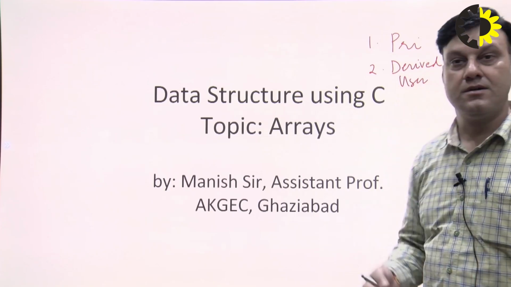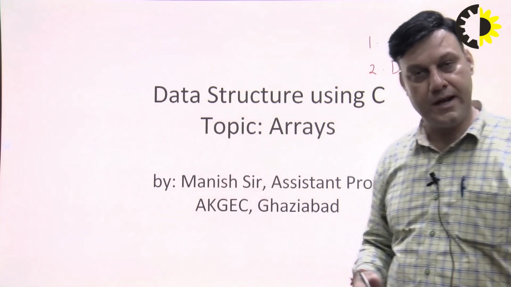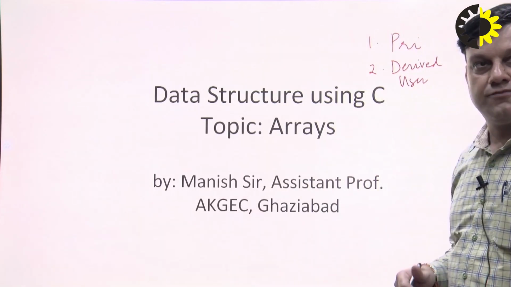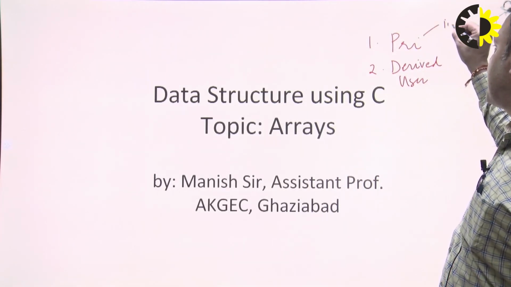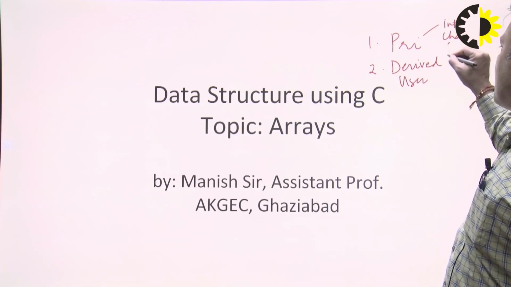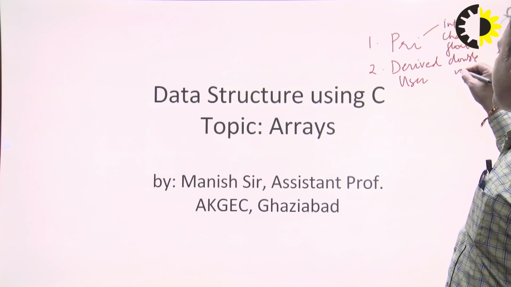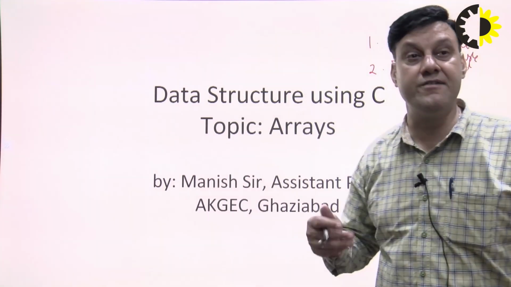Primary means primitive, which are inbuilt in a machine, in a language. For example, you have studied int, char, float, double, and void is also there. These are primary, primitive data types.